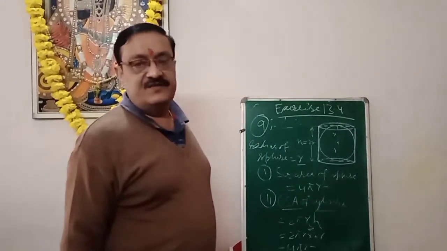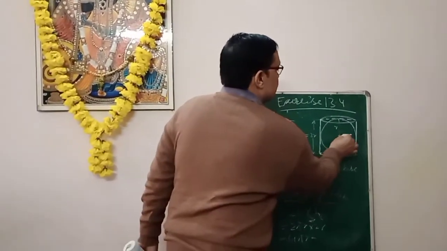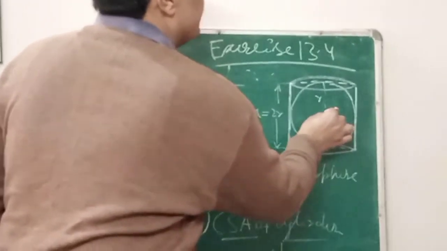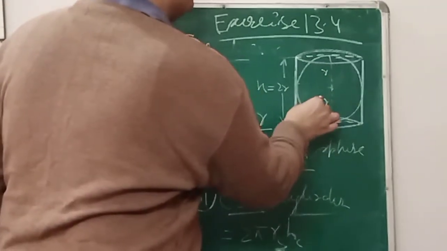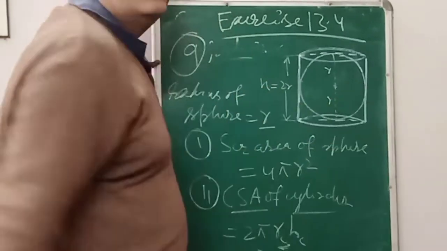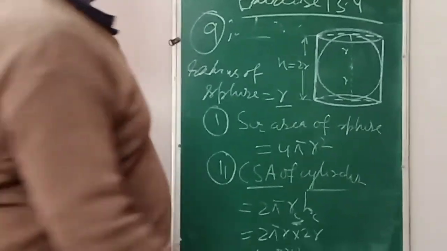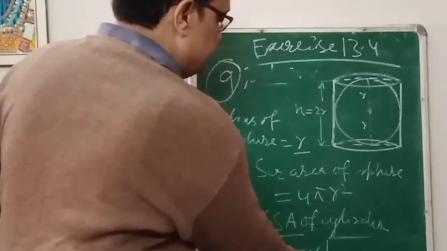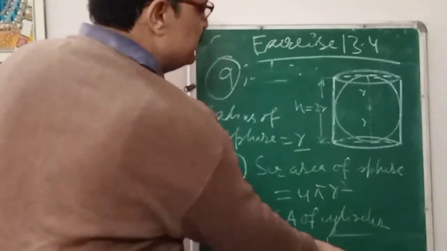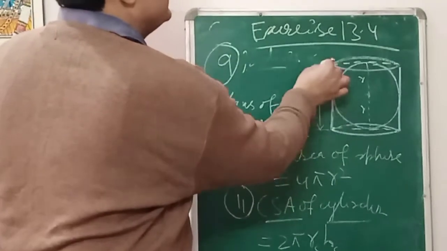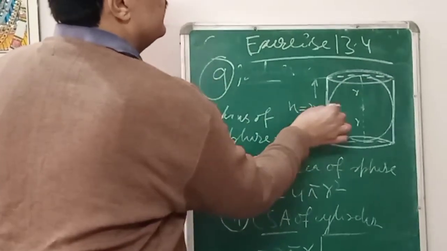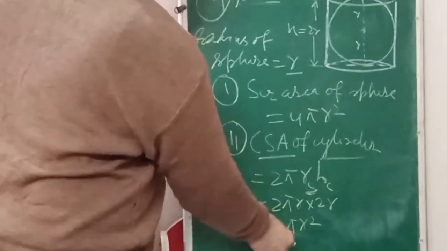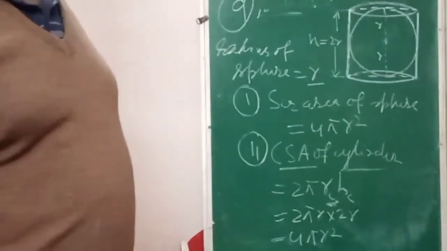So the radius of the cylinder is the radius of the sphere, and the height is the diameter of the sphere, that is r plus r, 2r. So putting the values, we get the CSA of the cylinder as 4 pi r square.